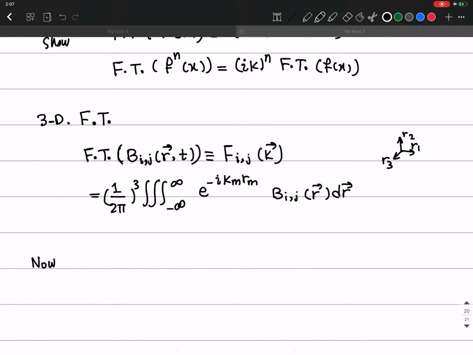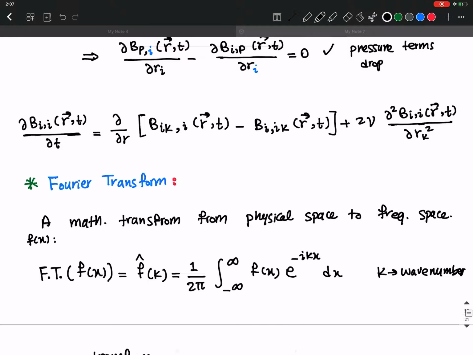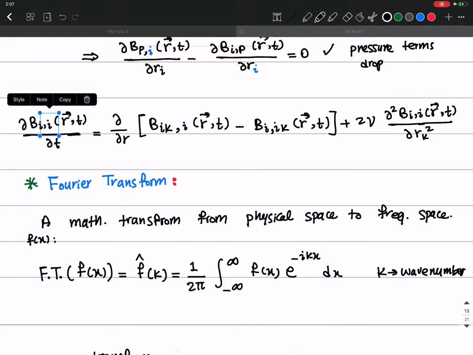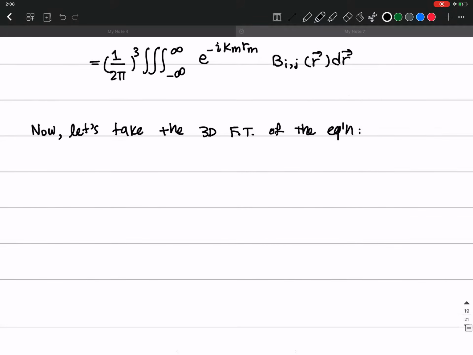Okay, so now that we define these three-dimensional Fourier transforms, now let's take the 3D Fourier transform of the equation that we had here. Okay, so if you take the Fourier transform of the first term, what are we going to have?